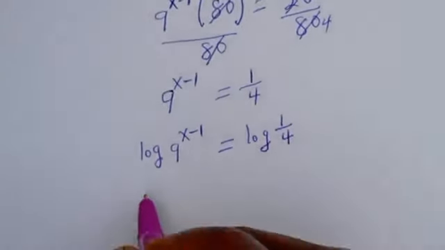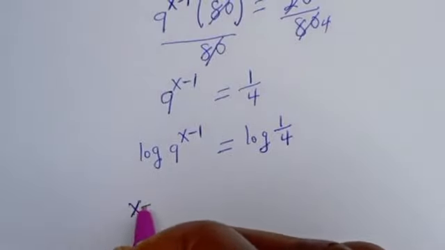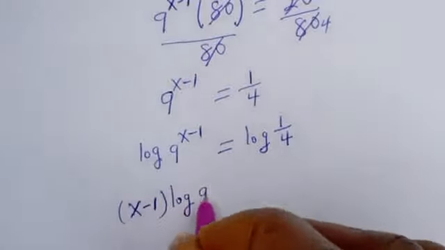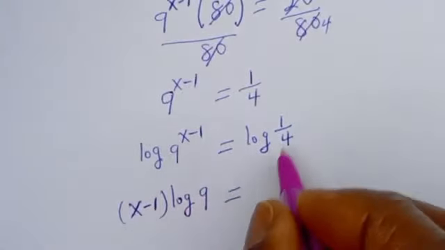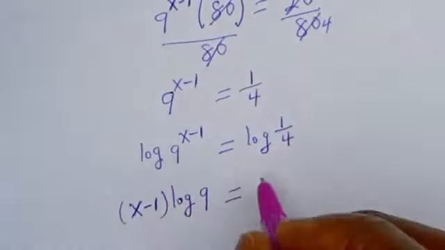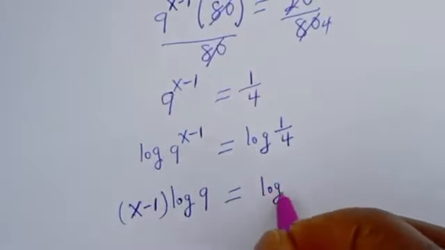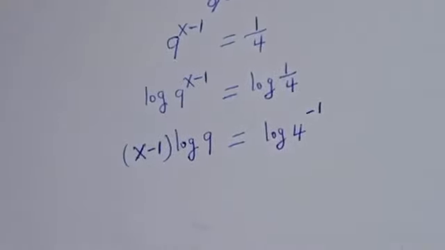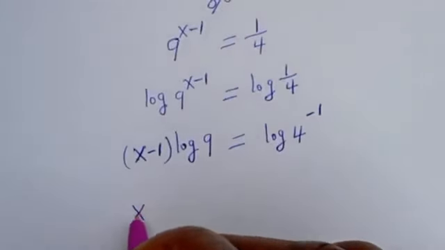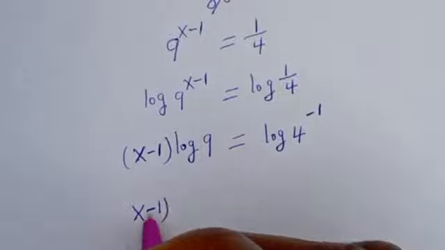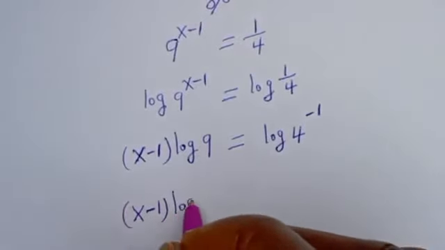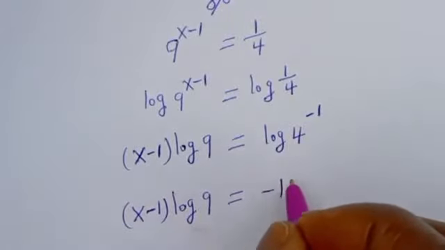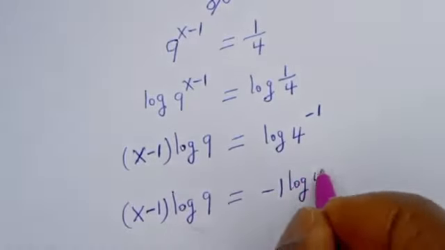And this is x minus 1 log 9 is equal to, this log 1 divided by 4 can be written as log 4 to the power of minus 1. Then this is x minus 1 bracket log 9 is equal to minus 1 log 4.